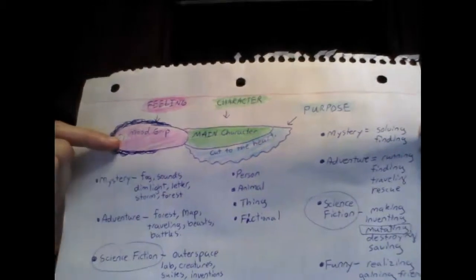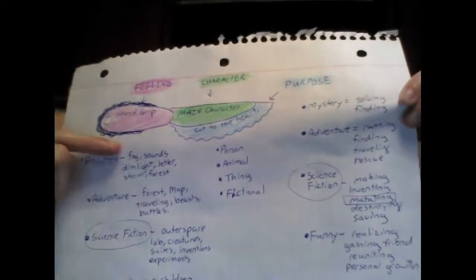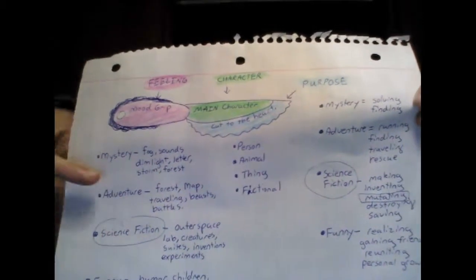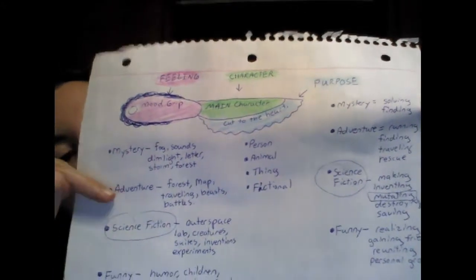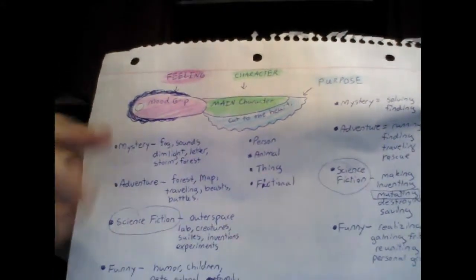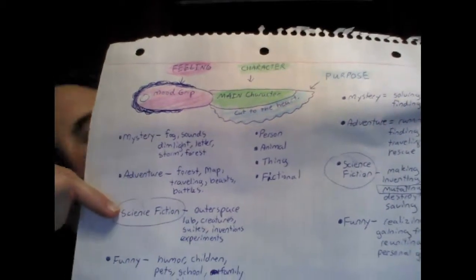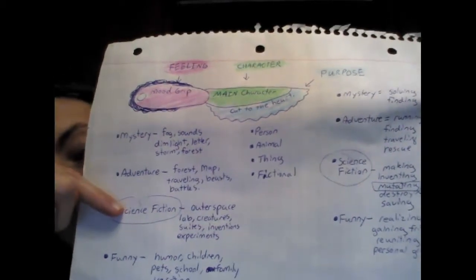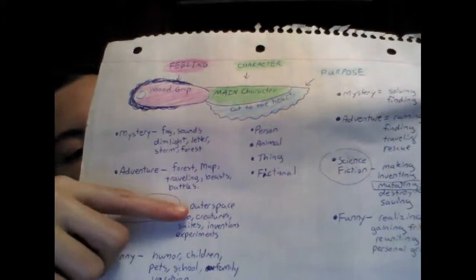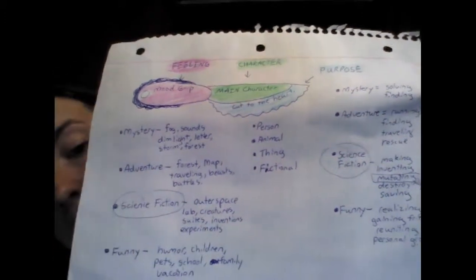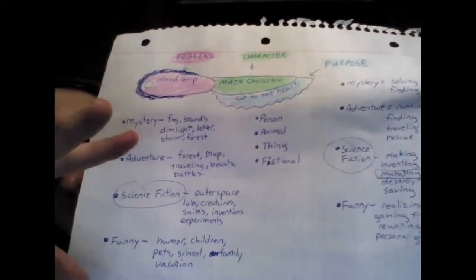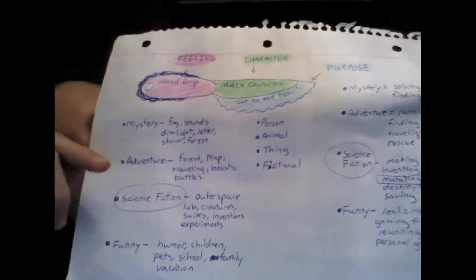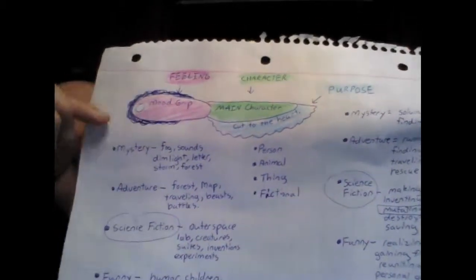So your introduction needs to have the feeling of one of these types: either the mystery, the adventure, it needs to have that adventurous feel, or a science fiction, which is what mine is. In the introduction, I'm going to talk about there being a lab, experimentation going on, so it's going to feel like a science fiction story. You need to have a mood grip at the beginning.